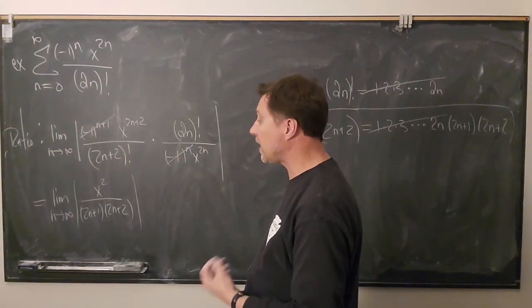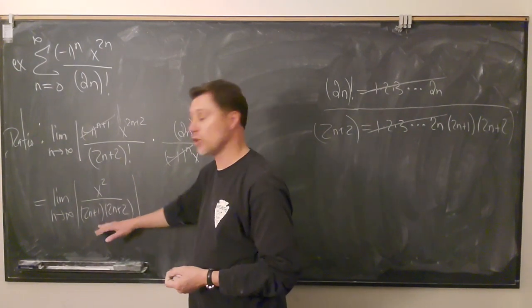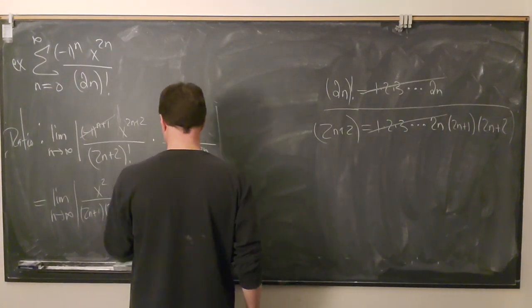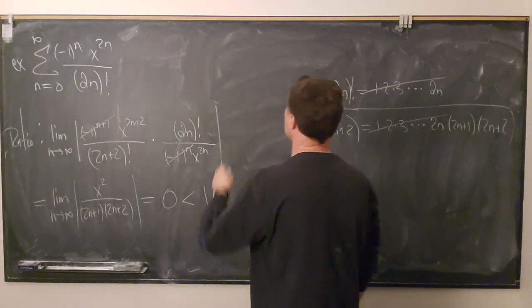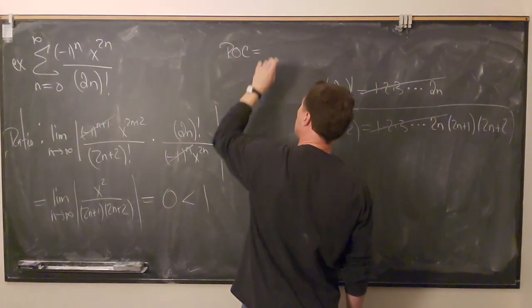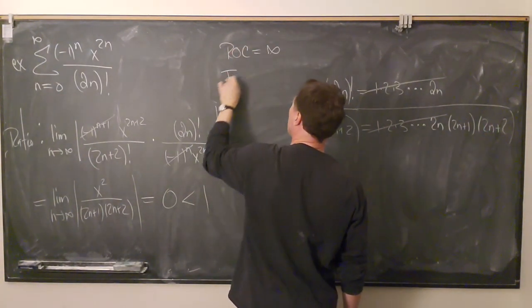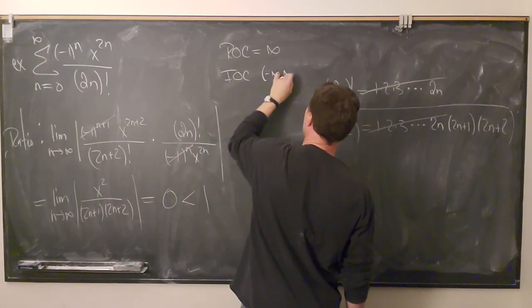Now, as n goes to infinity, what happens to this fraction? Well, the denominator is getting larger and larger. That limit is equal to 0, which is always less than 1. So the radius of convergence is infinity, and the interval of convergence is all real numbers, so minus infinity to infinity.